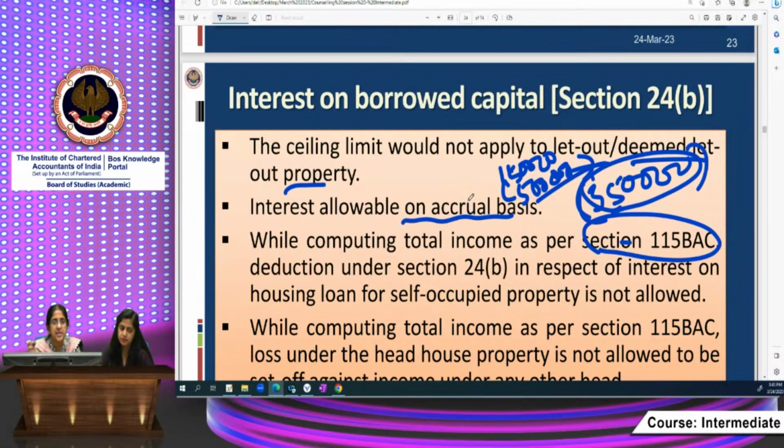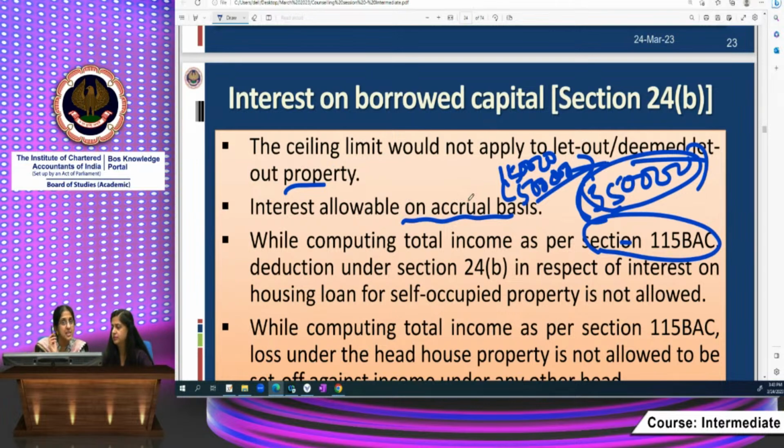So if I claim 5 lakh, I get the loss from house property as 3,50,000. Now, in the normal provisions, let's forget 115BAC for the time being, when I set off the loss against any other head of income, the maximum permissible set off is 2 lakh. The remaining 1,50,000 I have to carry forward and set off next year against my income from house property.